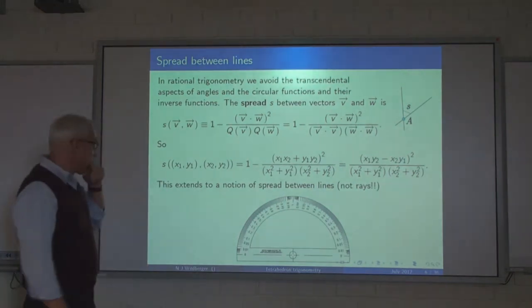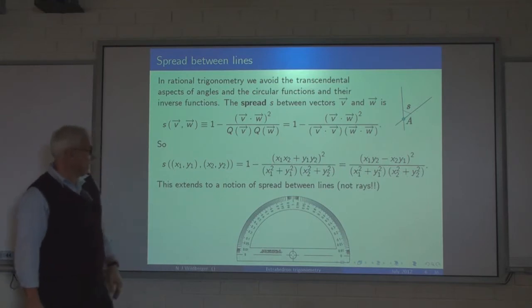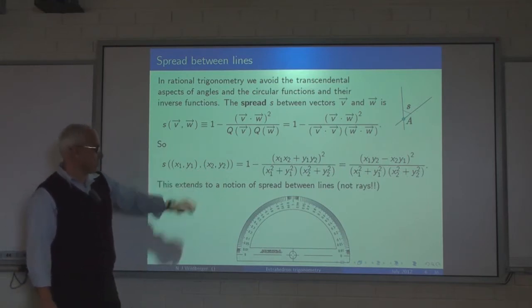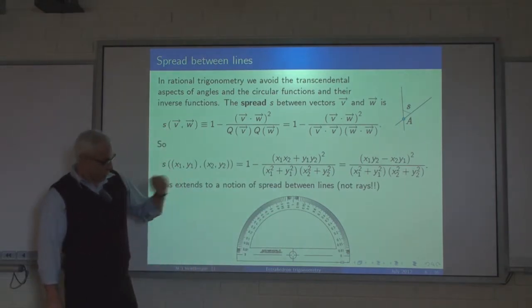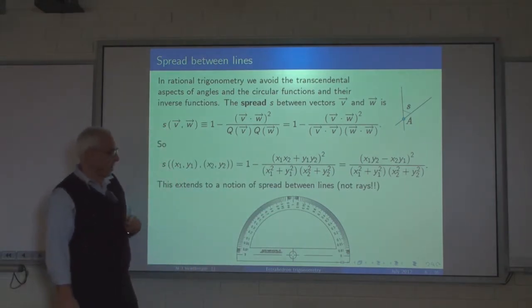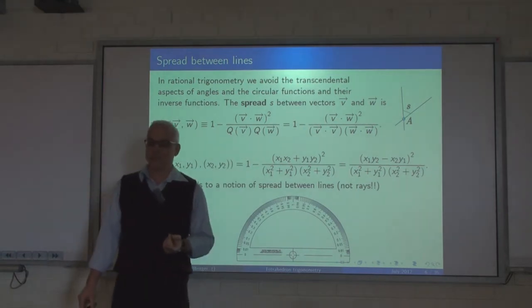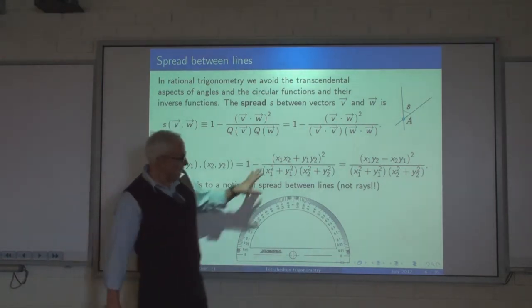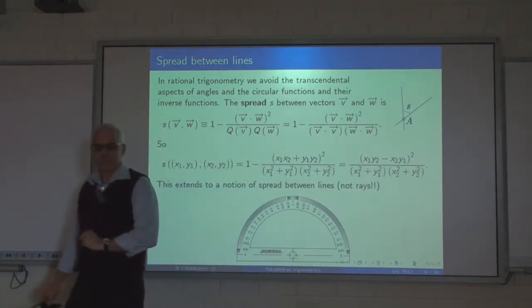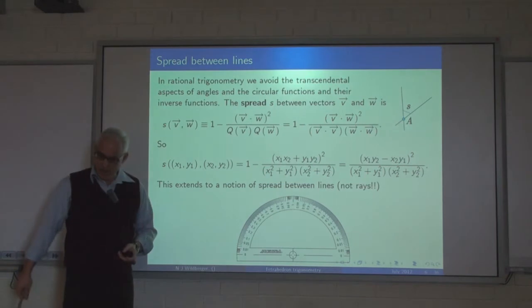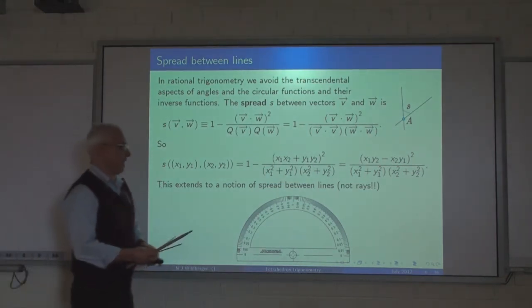Okay, so let's have another look at it in terms of coordinates. If we have two vectors, (x1, y1) and (x2, y2), here's the dot product, here's the quadrance. There's a remarkable identity, going back to Fibonacci, in fact even to Diophantus, that allows us to rewrite this expression in this form. And in this form, we have another interpretation of what we're doing when we look at a spread.